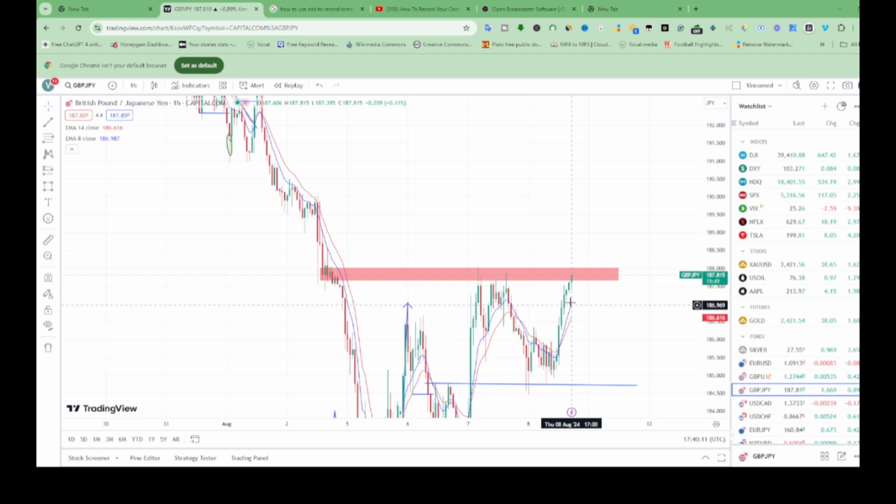Now look at this movement here. When price is in the middle of nowhere, had it been this green, this side is not there.